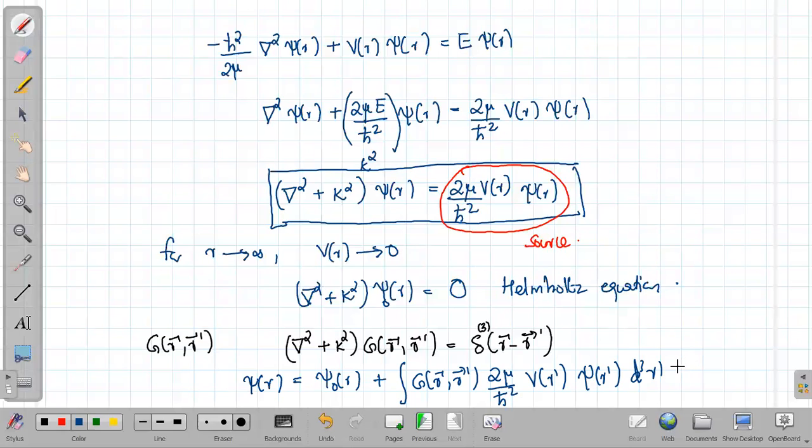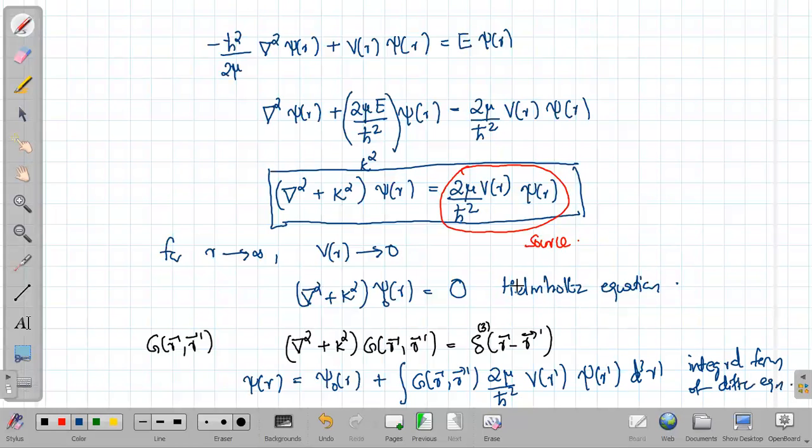Now remember, this equation is not basically the solution for this Schrodinger equation, because if you look at this expression, the left side is psi of r, but the psi is also coming on the right side. So there is a psi of r prime here. So this is not the solution for this differential equation, but in other words, it is the integral form of this differential equation.